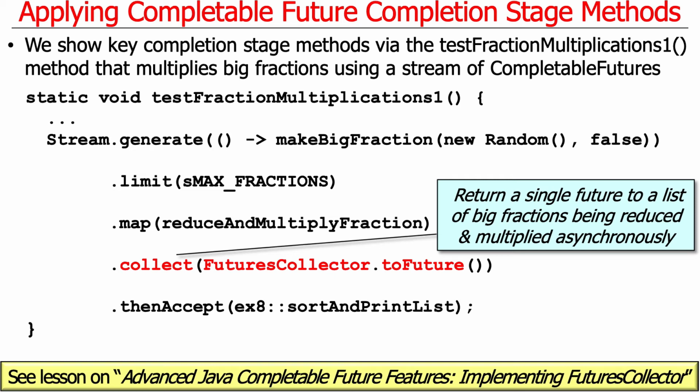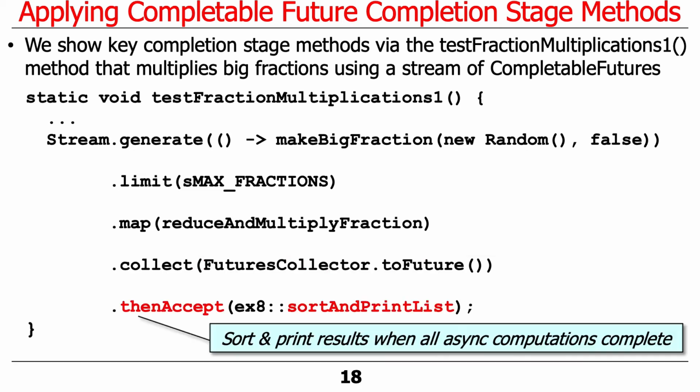So what we get back from collect is a single completable future, and then we will accept this action if and only if that whole thing completes successfully. Let's assume it all completes. So when it succeeds, then this action will be called. And what that does, as the name implies, is it'll sort and print the results.